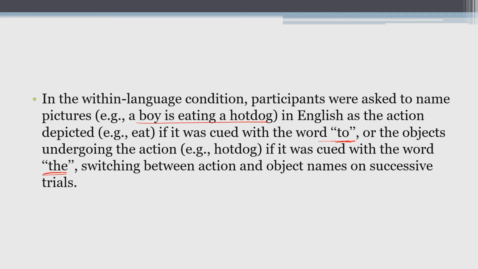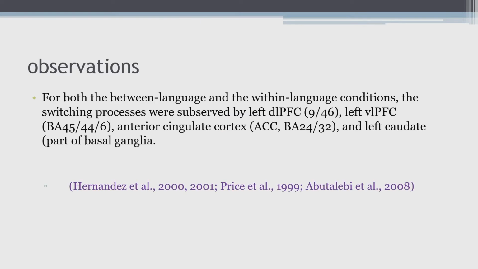So, there were both within language and between language switching, either on task or on language. What they find is that for both the between language and the within language conditions, the switching processes were subserved by again left DLPFC, left VLPFC, and we already know anterior cingulate cortex, which is ACC, and the left caudate.